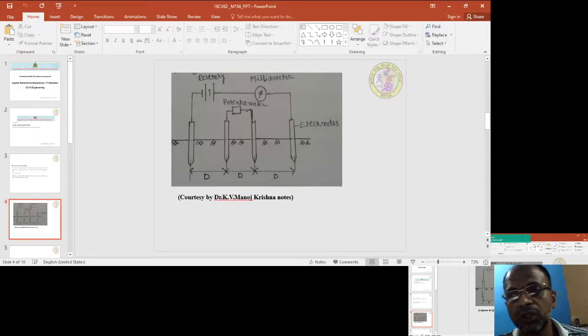So now let us discuss how to conduct the test. Suppose you have a soil profile where you have to do the electrical resistivity test. First, remove the top vegetation and level the ground up to the test location, from here to here.